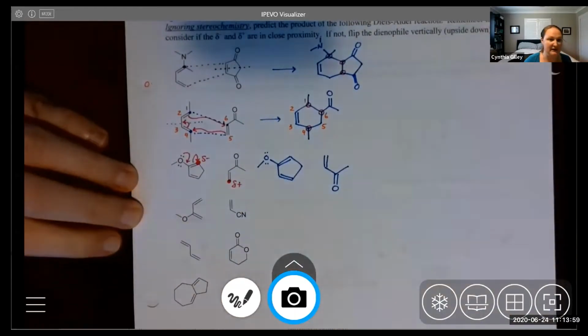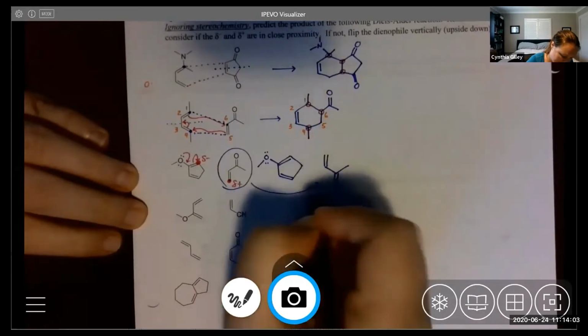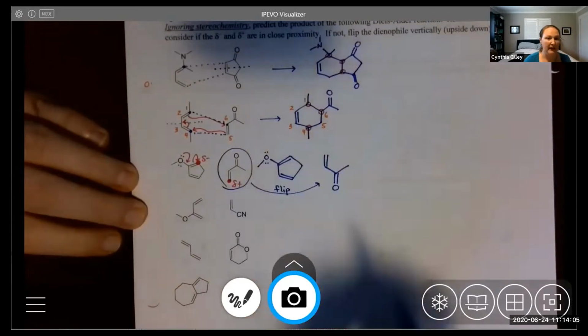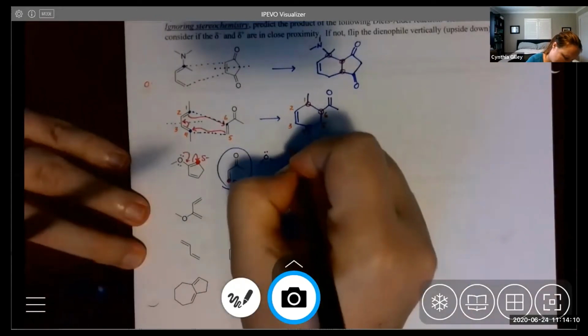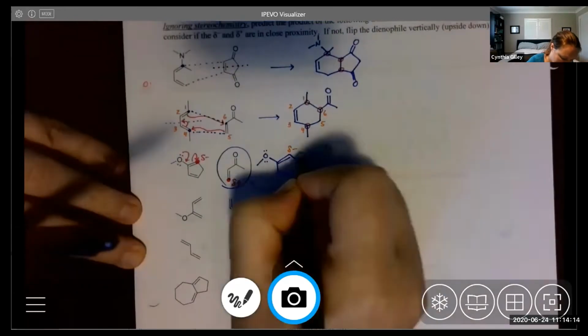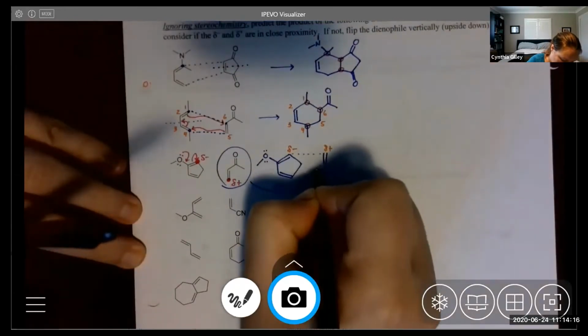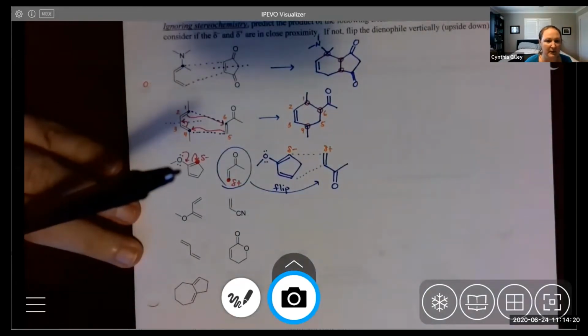So this is basically, I took this one and I did a little flip. And I did that because I want my delta negative and delta positive carbon to be aligned. That leads to an electrostatic, an opposite charge attraction, which lowers the energy of the transition state.